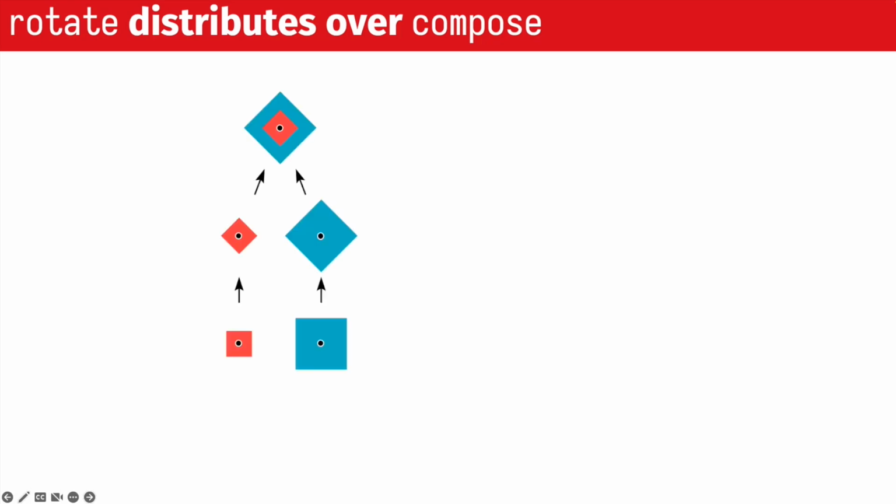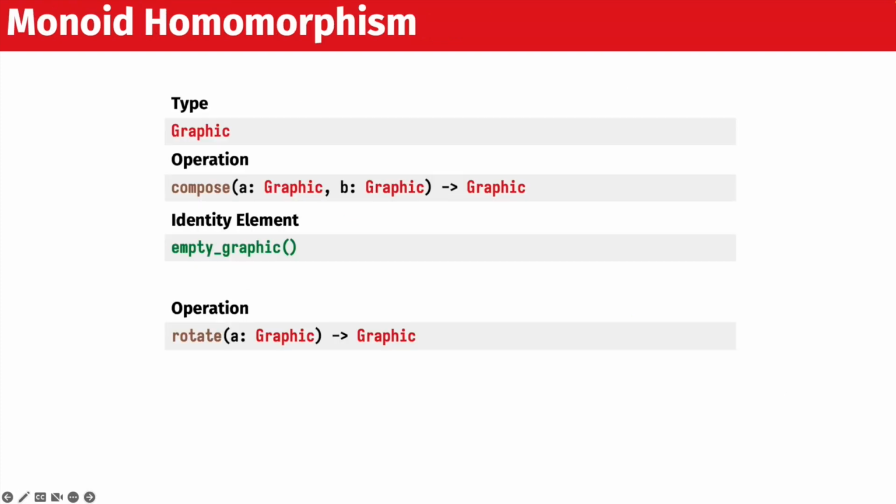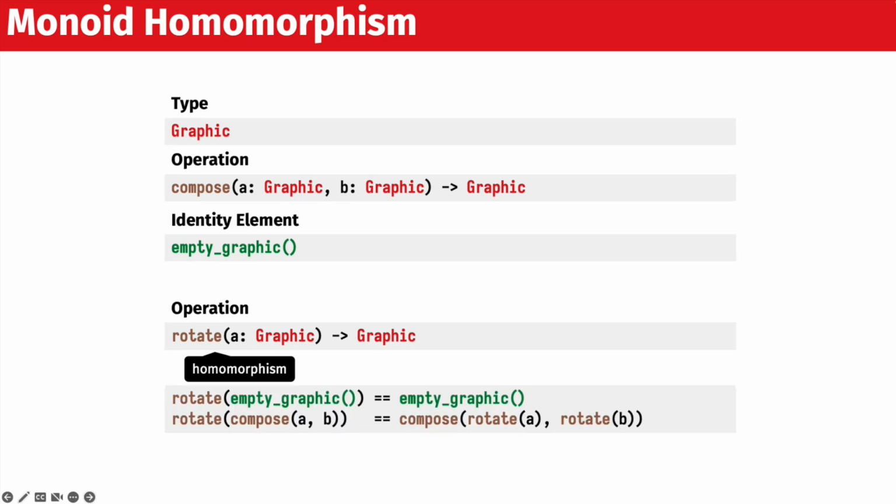So for example, you could first rotate and then compose these two graphics, and this would be the equivalent Python code, or you could first compose and then rotate these two graphics. And when you have this operation that takes a graphic and returns a graphic and leaves all the monoidal properties unaltered, you get what's called a homomorphism, which is actually pretty cool. And it obeys the two homomorphic laws.